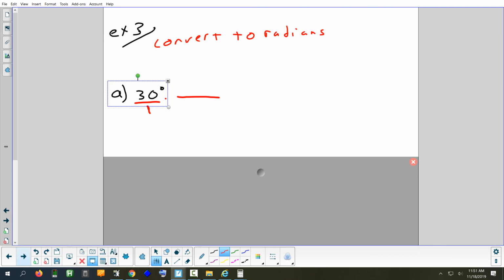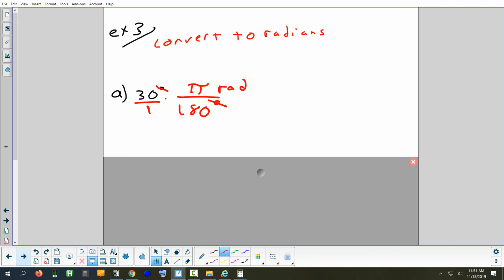It's in the top. Where would degrees have to go to cancel out? Degrees would be in the bottom. Radians would be in the top. Now, when I said degrees, what number do you always think of? 180. Radians? Pi. So this one was pi over 180 because you want the degrees to cancel out. If you had degrees on the top times degrees on the top, it wouldn't cancel out.